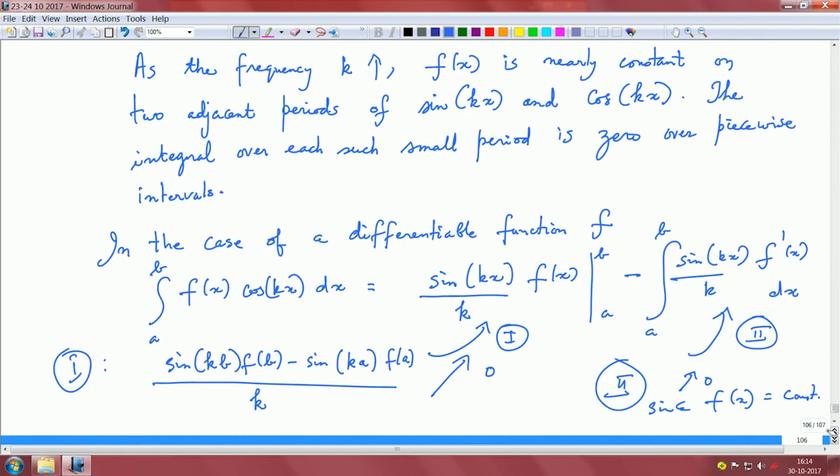Just going back, this concludes the proof. You can take the sine or the cos, it's the same thing, it doesn't really matter. So this concludes the proof. Let us stop here. If you have any questions, we will take them and then get on to the next.